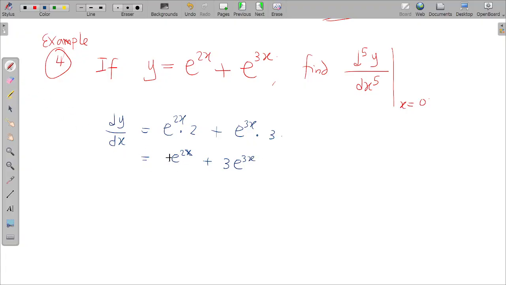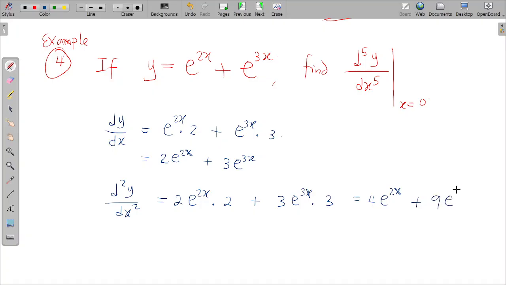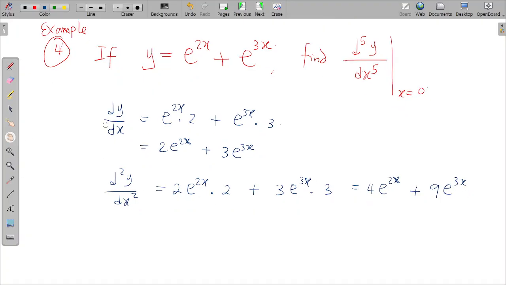Don't forget we are going to the fifth order derivative, fifth one. All right, the second derivative d²y over dx² gives us now 2e^(2x) multiplied by 2 again plus 3e^(3x) multiplied by 3. Okay, that simply gives us 4e^(2x) plus 9e^(3x). Okay, that is fine.